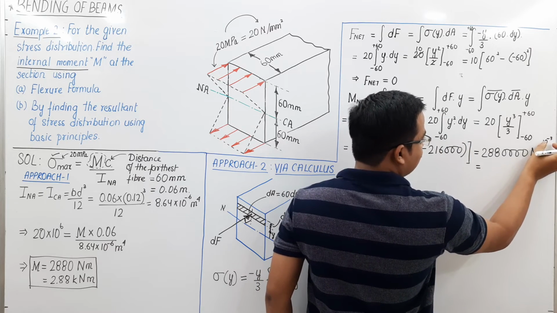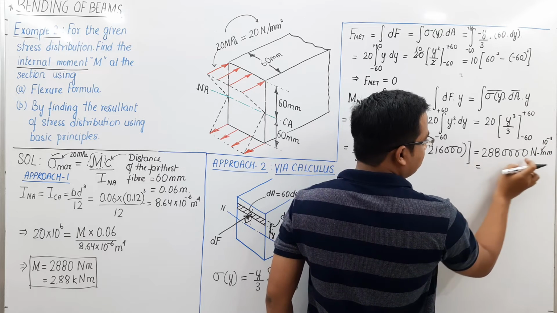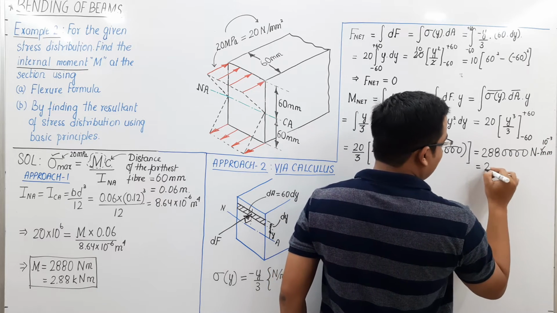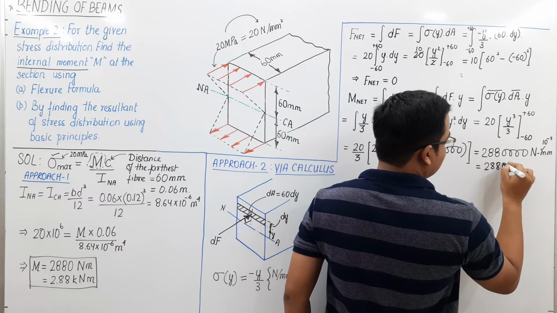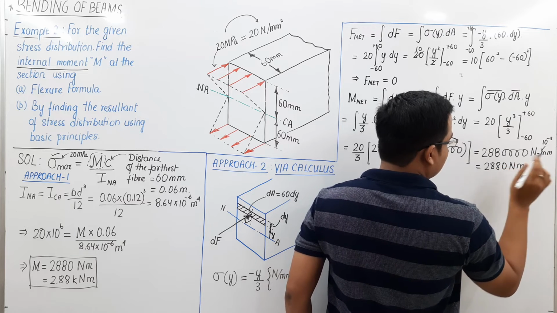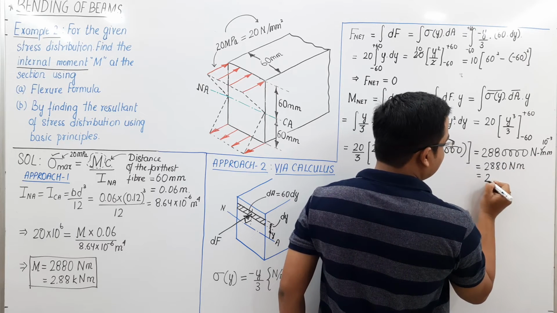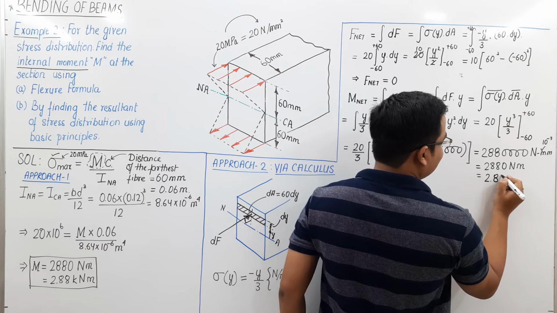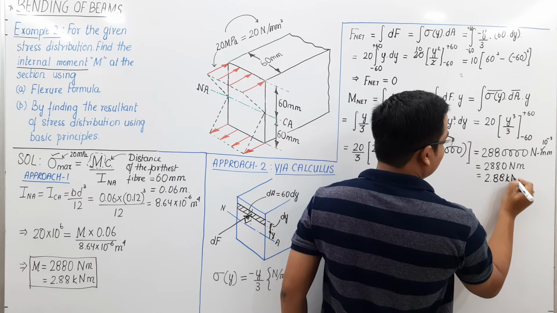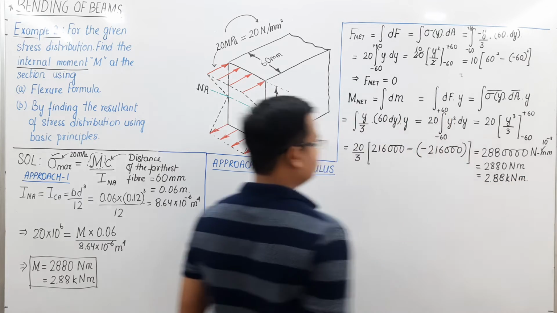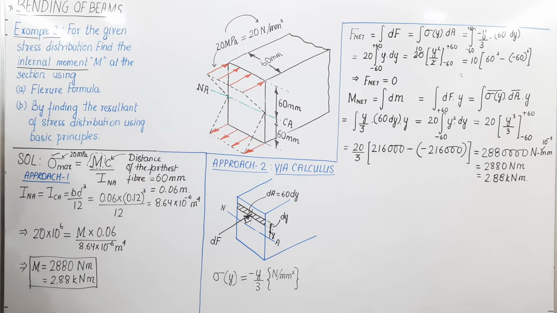You strike this 10 raised to minus 3 with this figure, so 3 zeros will cancel out. What you have is 2880 Newton meter. If you are still not satisfied, you can write this as 2.88 kilo Newton meter.